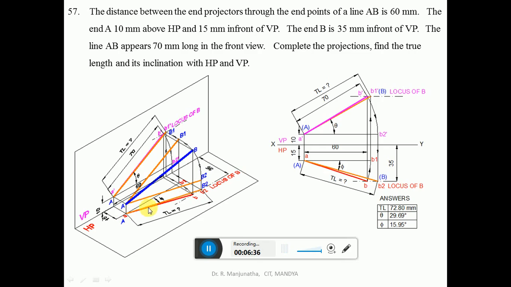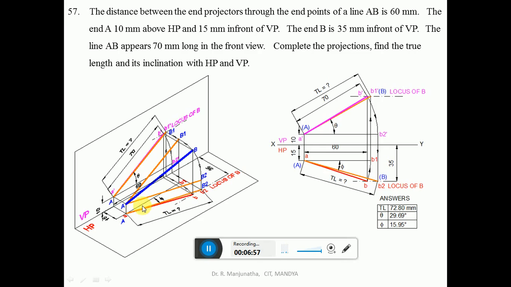So join a and B2, which will be the true length, a little bit thicker than the projector line. Then we will be able to find the true inclination with respect to VP, which is phi.